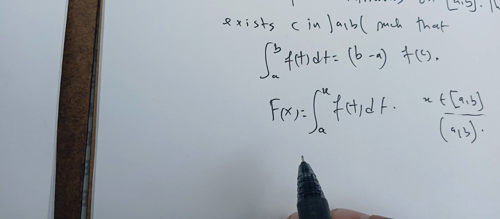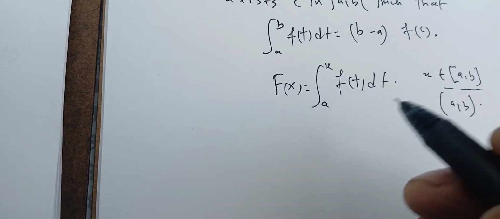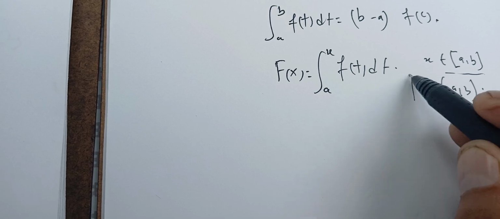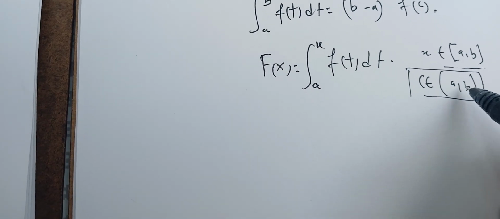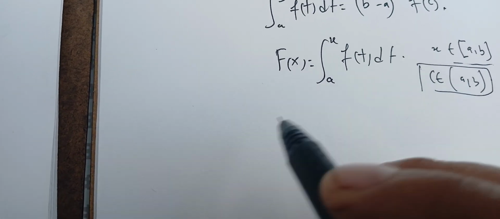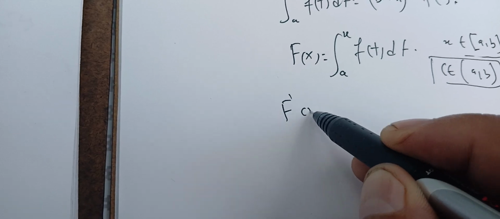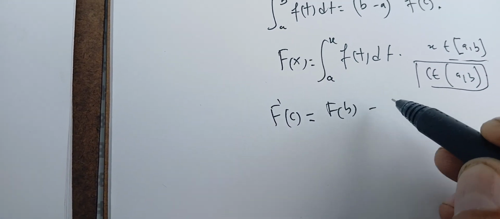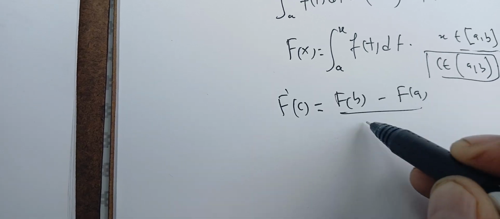Therefore, there exists some c, c being in the open interval (a, b), such that F prime of c is equal to F of b minus F of a over b minus a.